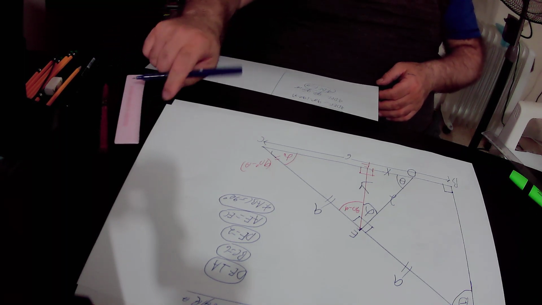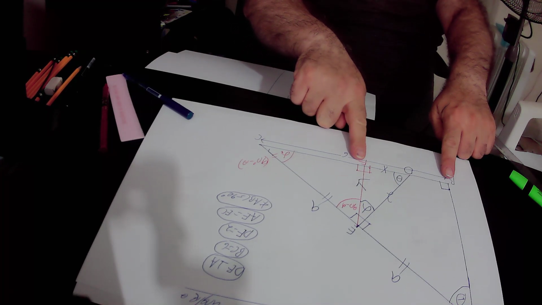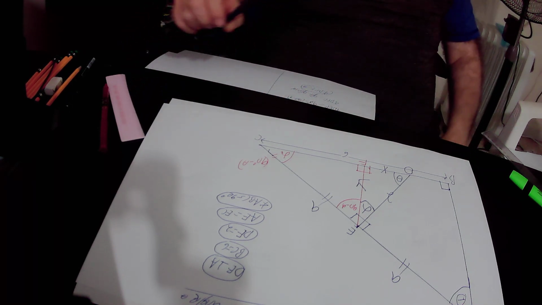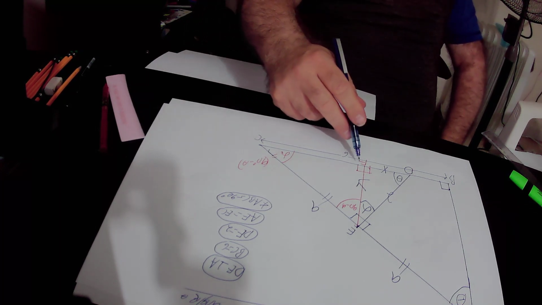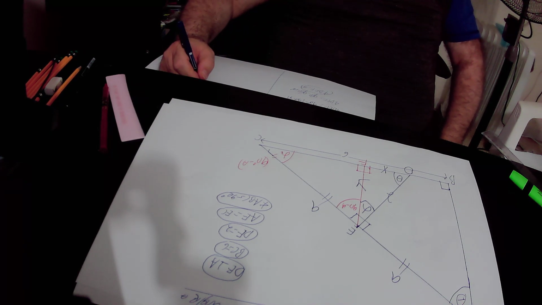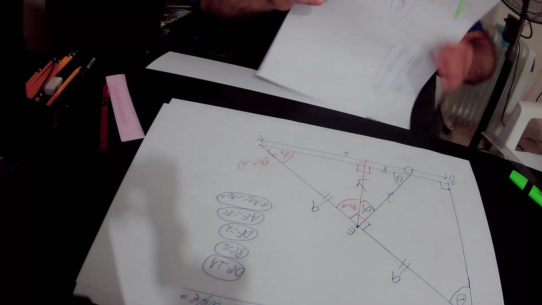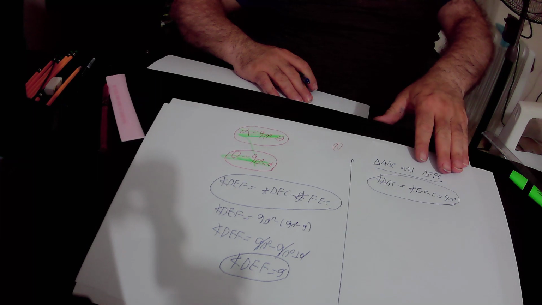First of all, we know that those two angles are equal to each other, they are both equal to 90 degrees. So we can write down that angle ABC of triangle ABC is equal to angle EFC of triangle EFC, and both angles are equal to 90 degrees. I'll repeat again: angle ABC equals angle EFC equals 90 degrees.